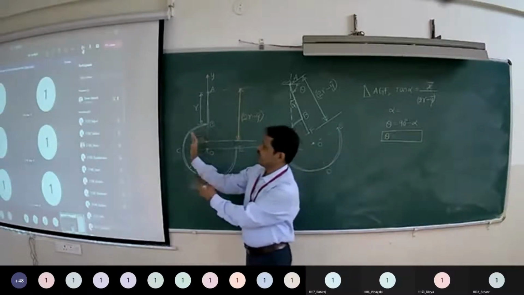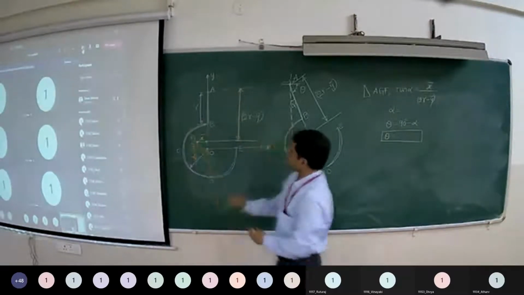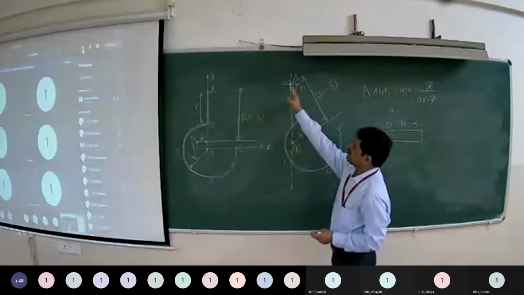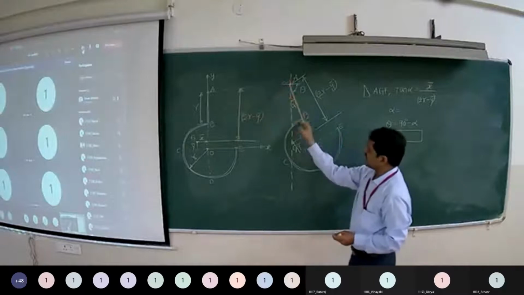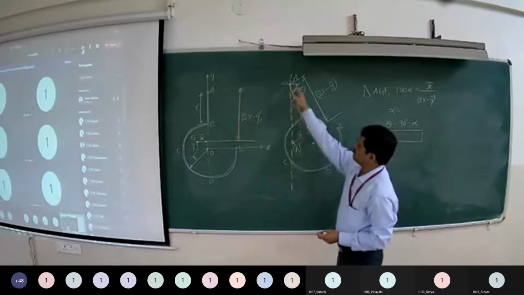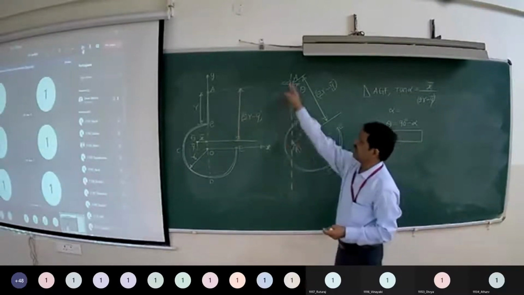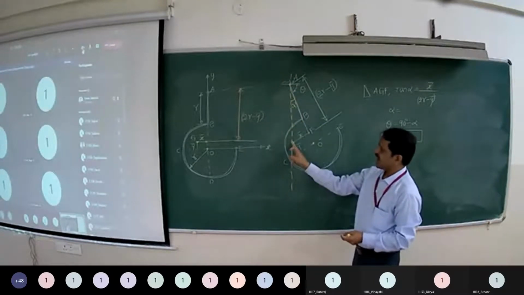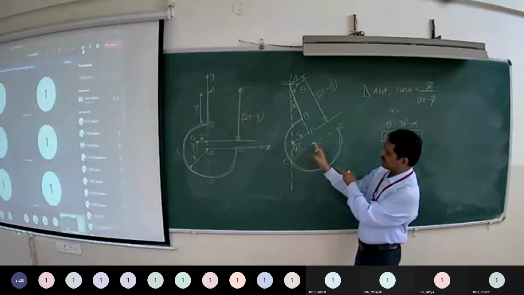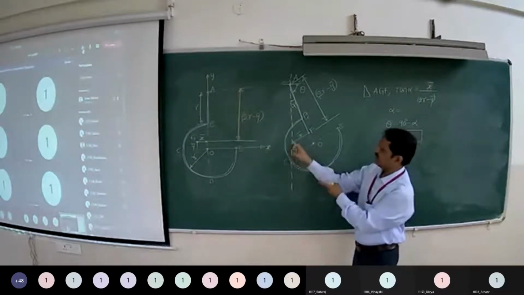Now, that belt is suspended from point A. So when a body is suspended from any point, the center of gravity of this belt will be located on this vertical line. So G is located on this vertical line, having coordinates with respect to this point O, x bar, y bar.